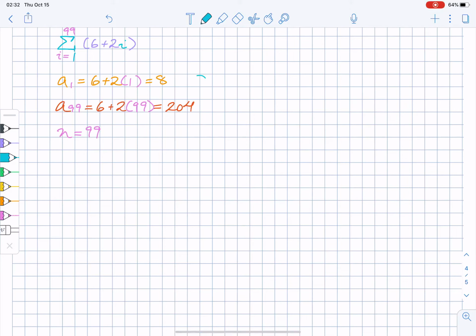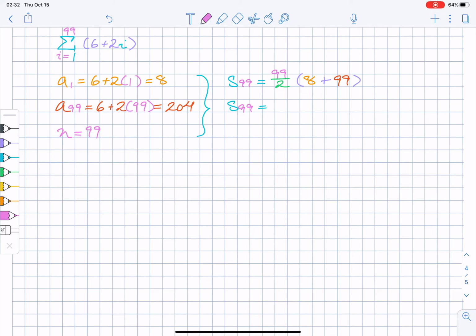So the 99th partial sum, s sub 99, is going to be n, which is 99, divided by 2, times the quantity, first term, 8, plus the last term, 204. So the 99th partial sum is going to be 99 over 2.